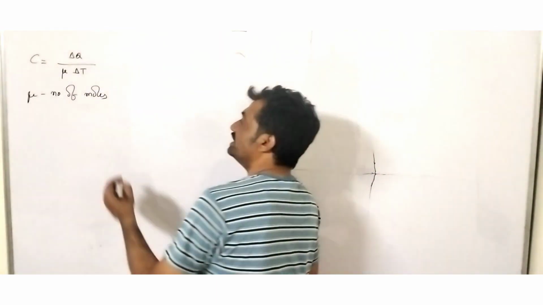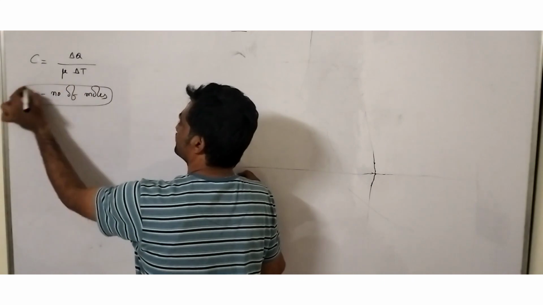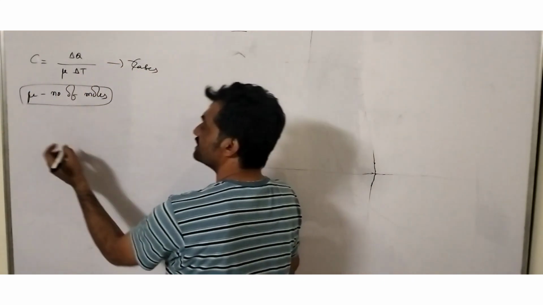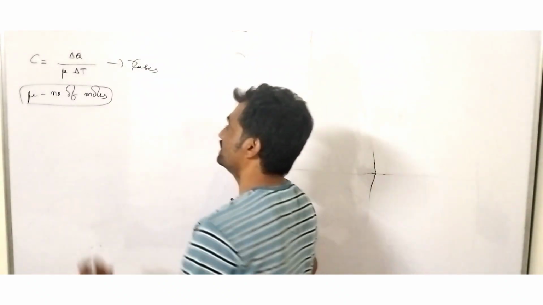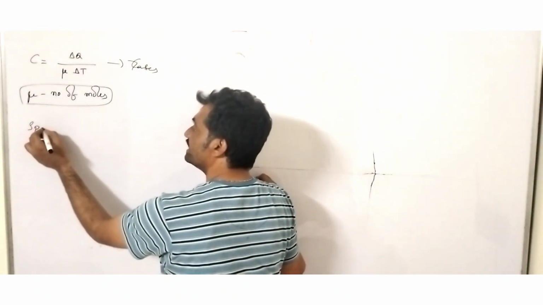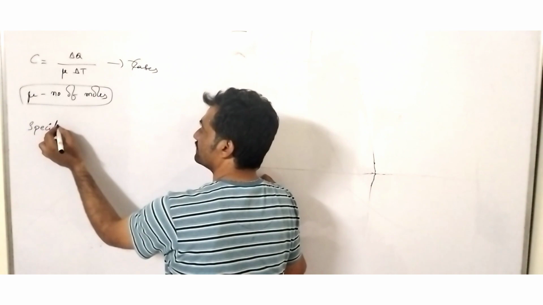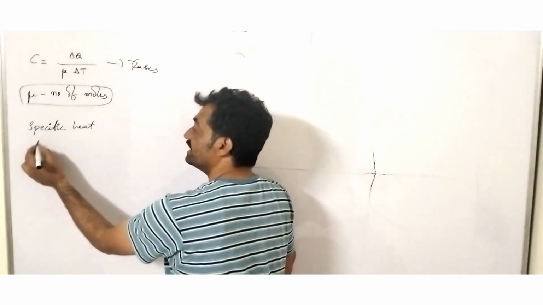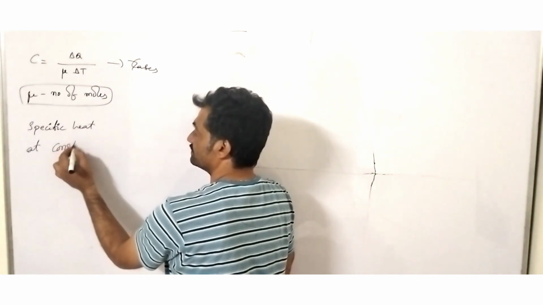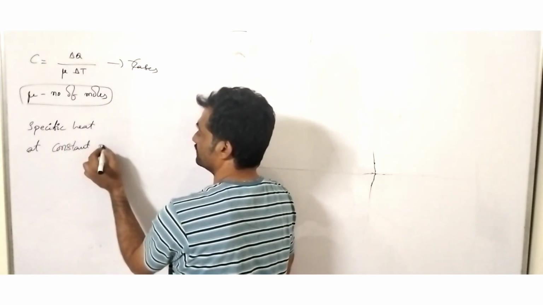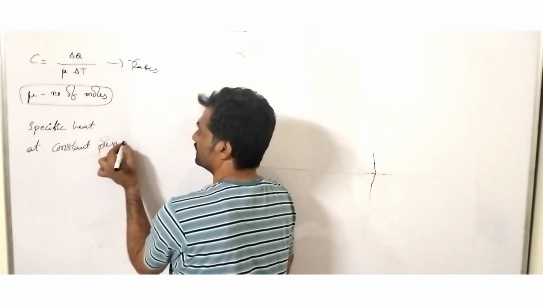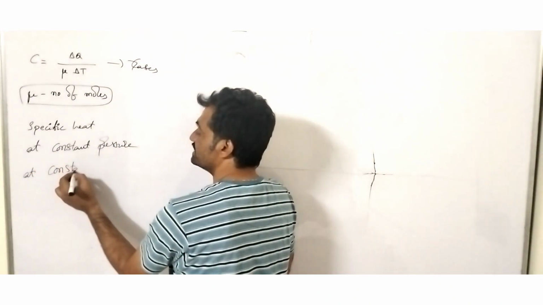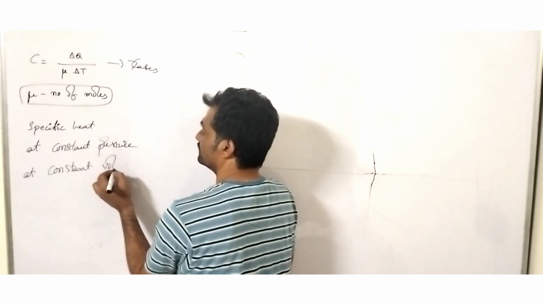Here, in the case of gases, we consider two types of specific heats: specific heat at a constant pressure, as well as specific heat at a constant volume.